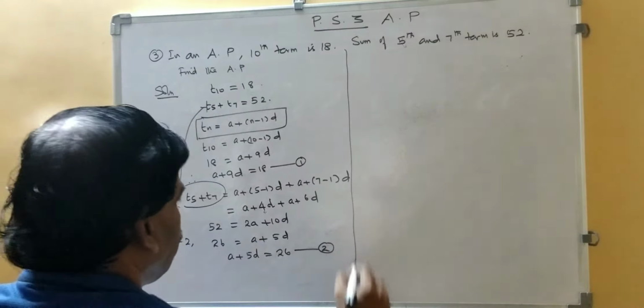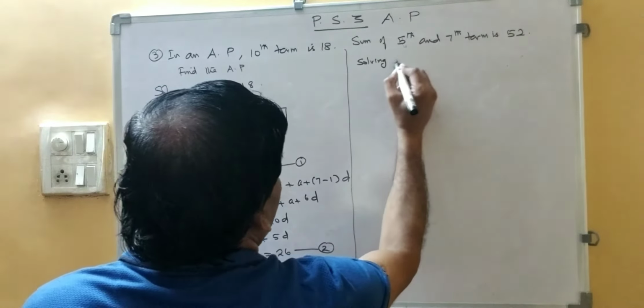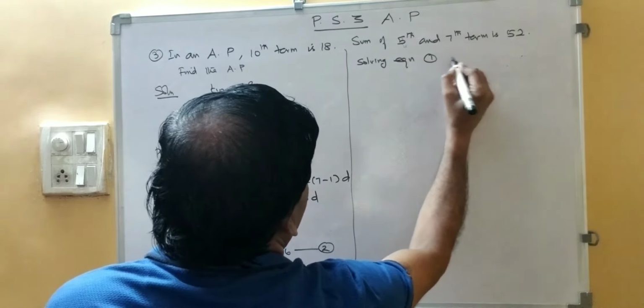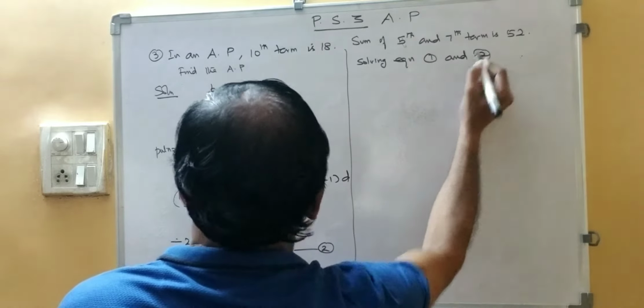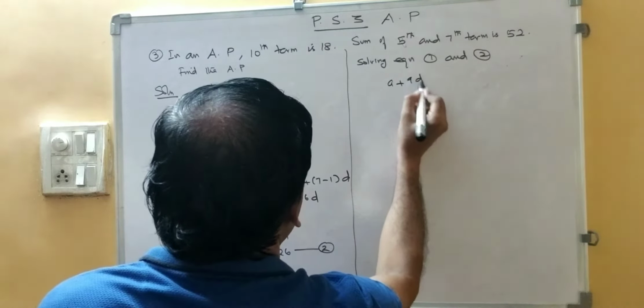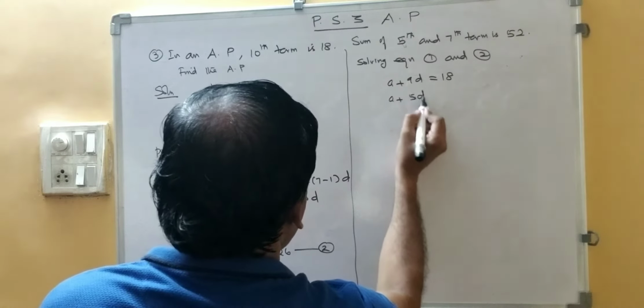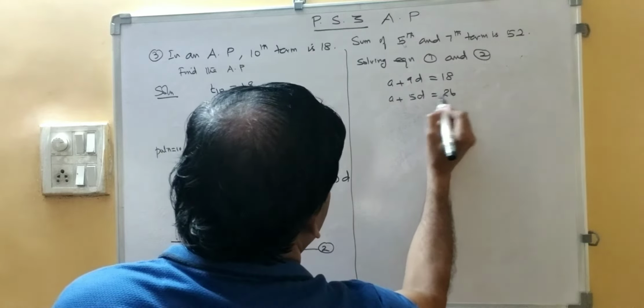Now, we will be solving equation 1 and 2, that is A plus 9D equal to 18, A plus 5D equal to 26.